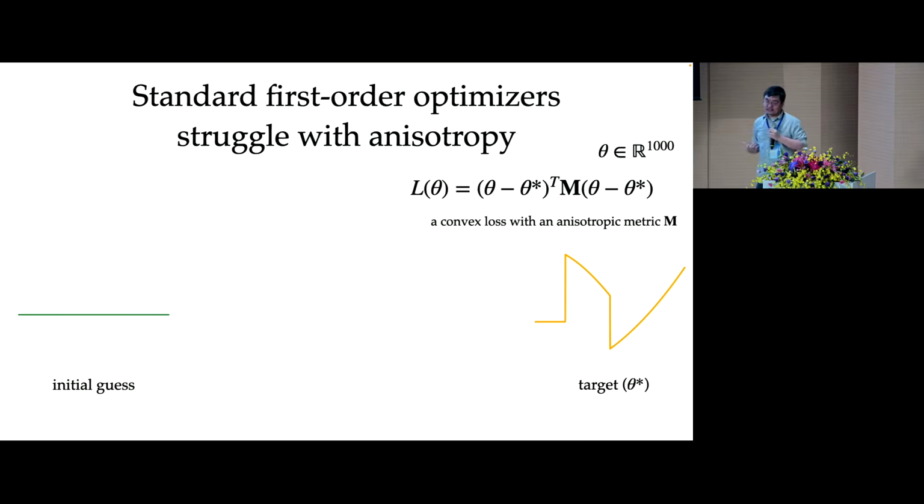This is just trying to benchmark how Adam does on some weird problems. I designed a loss function, and I say the current theta should be as close to theta star on the right as possible. But I have a twist, which is this M matrix in the middle. It's a positive definite matrix, but it's very noisy, as all the components are drawn from some Gaussian distribution.